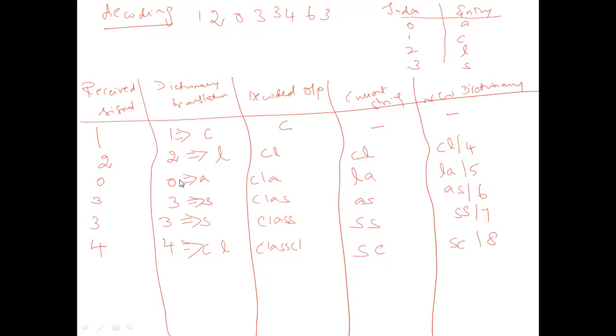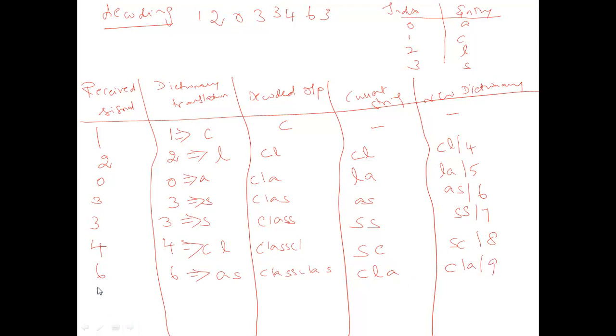Next we have 6. Yes, 6 is entry 6, and we have the entry AS. So the decoder output is CLASSCLAS. The current string is the previous translation, which is CL, plus the first letter of the present translation, which is A. So CLA will come in the 9th position.